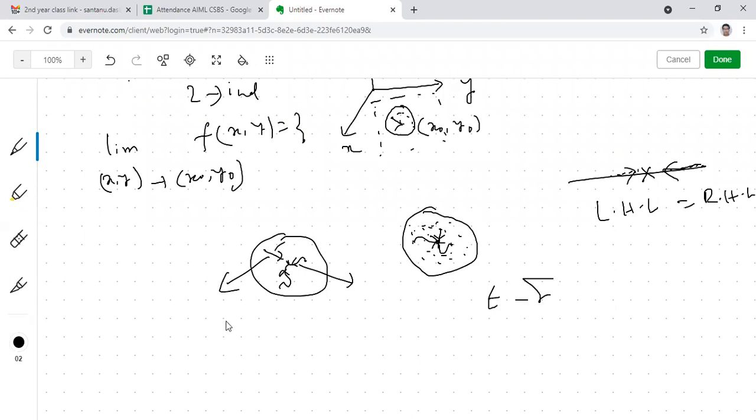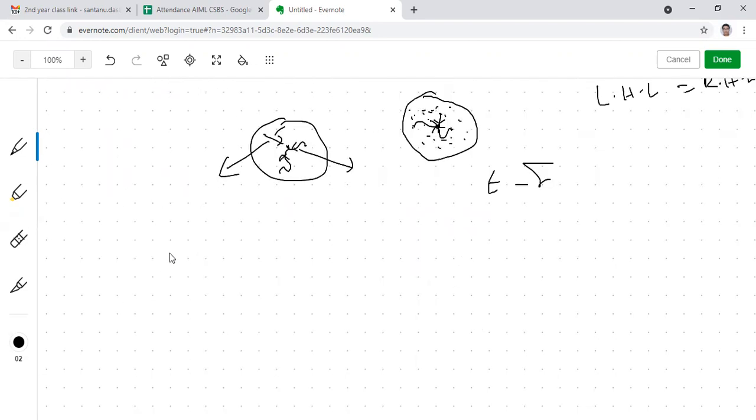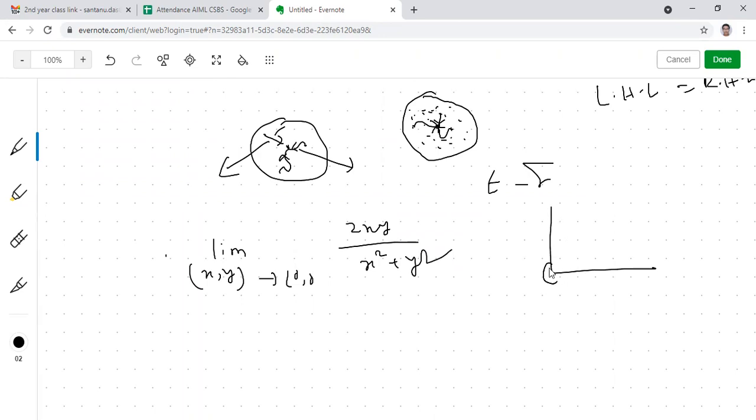Okay, so I'm giving one example. Let's say we need to check the limiting value at (0,0). So limit of (x,y) tends to (0,0) of xy by x square plus y square. Here the point is (0,0), so I can move toward it from different directions.